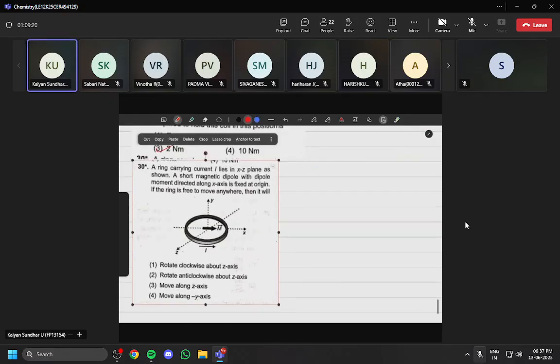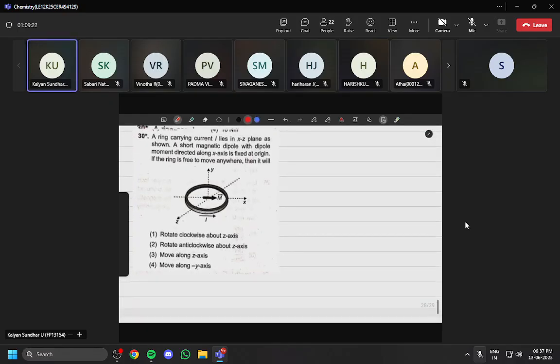Right, so this question. A ring carrying a current of I lies in the XZ plane. A short bar magnetic dipole with a dipole moment directed towards the x-axis is fixed at the origin. If the ring is free to rotate or move anywhere, then it will rotate in which direction?